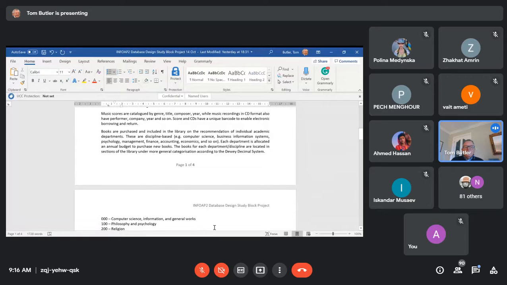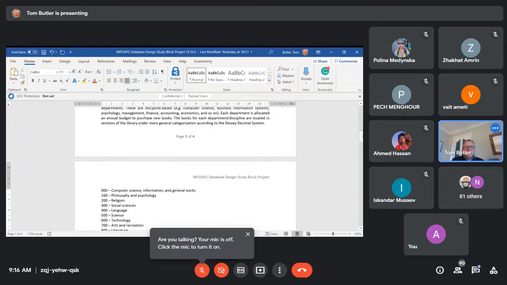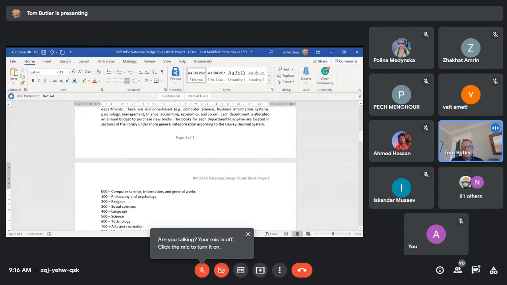So each department will have a section of the library. For example, in the humanities, which is an area of study in which you have the philosophy department and the psychology department, both will share in the Dewey Decimal System.